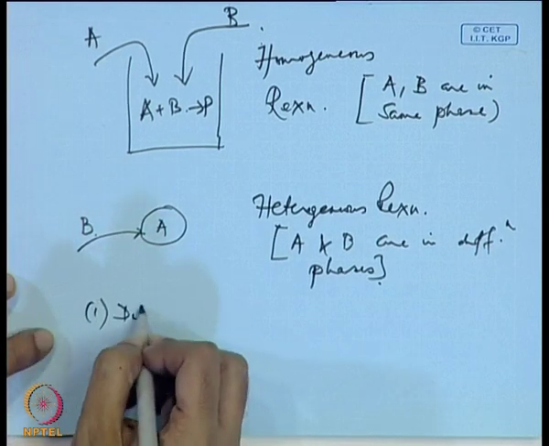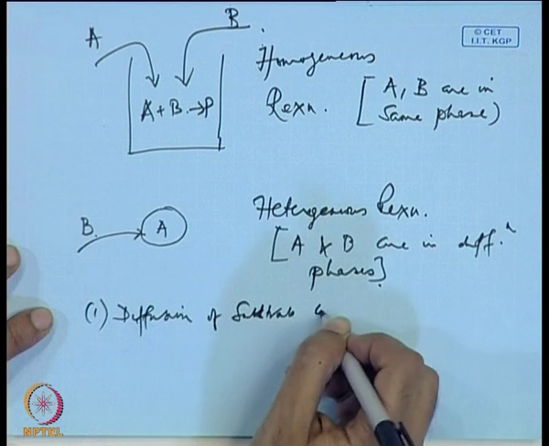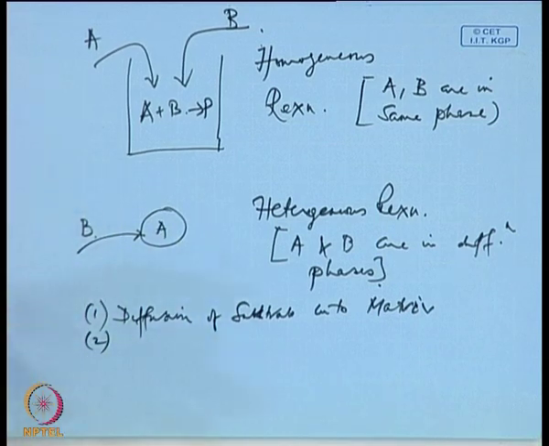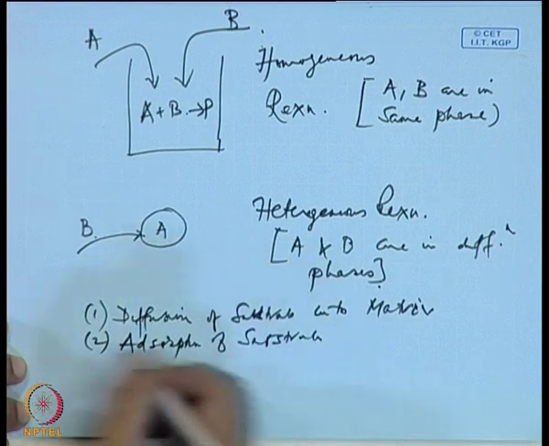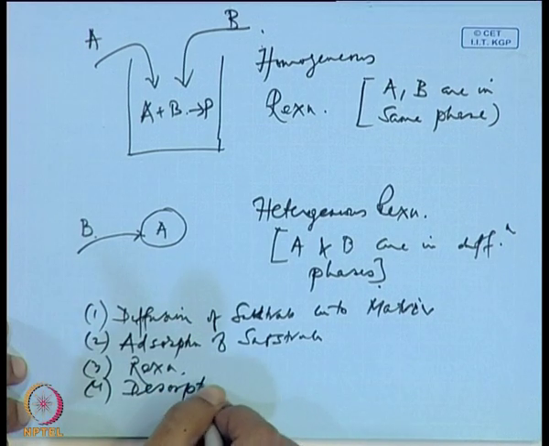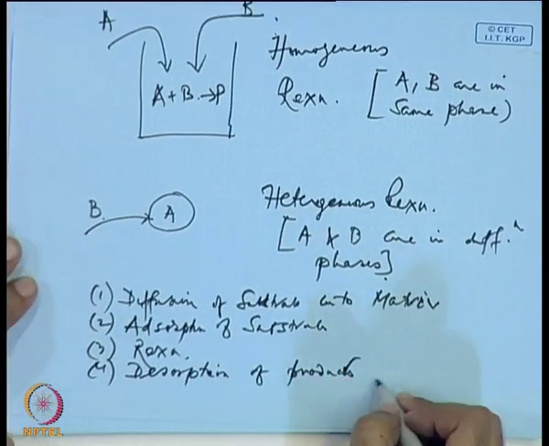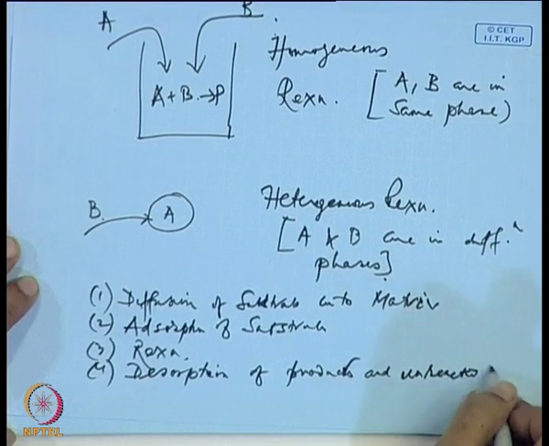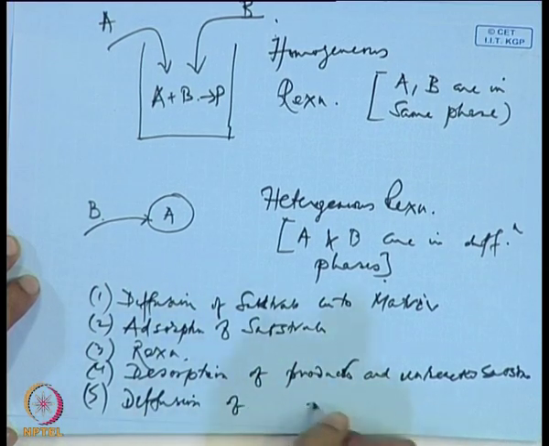The processes in the heterogeneous case are diffusion of substrate into the matrix, followed by adsorption of substrates, followed by reaction, followed by desorption of products and unreacted substrates, and then diffusion of products and unreacted substrates out.